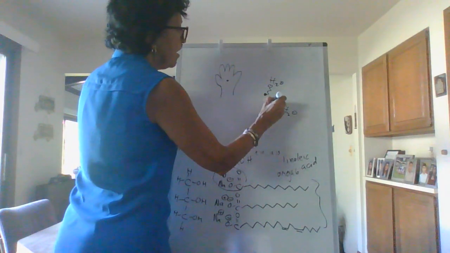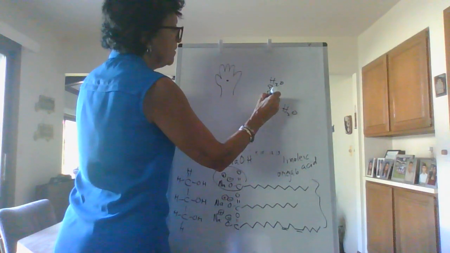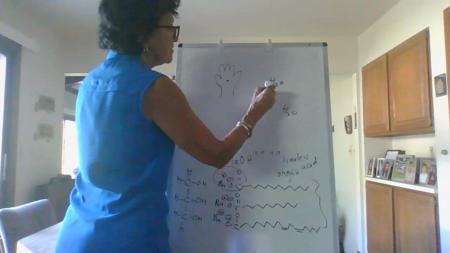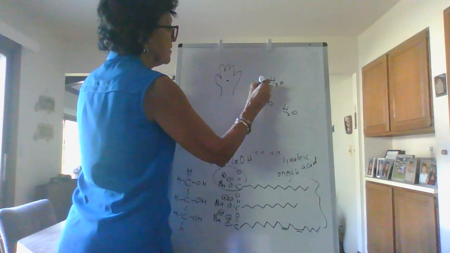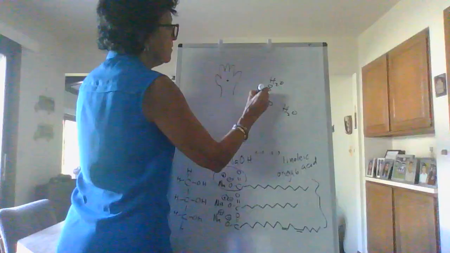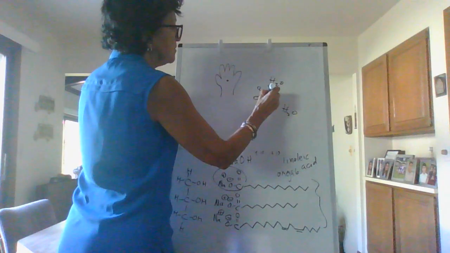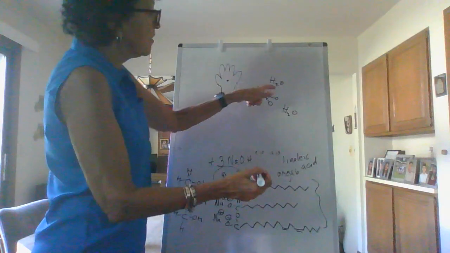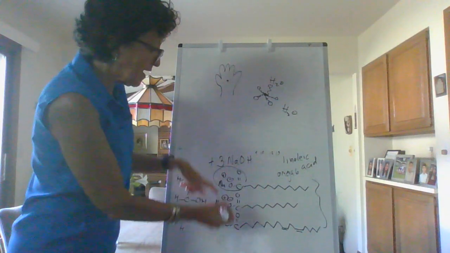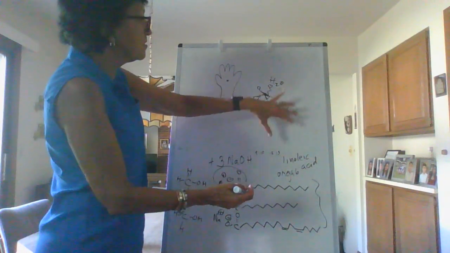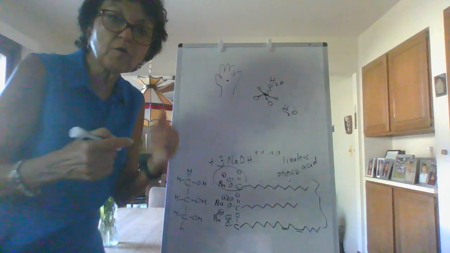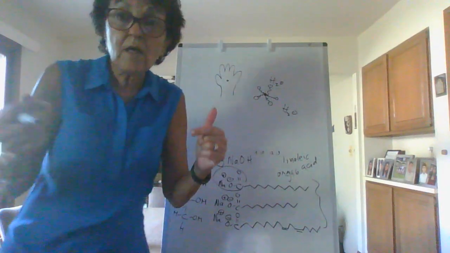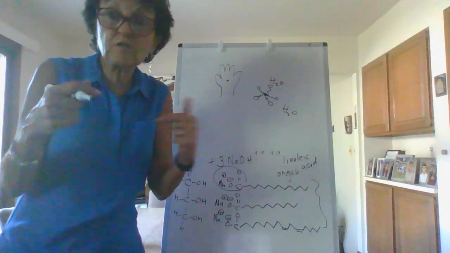So we draw the head towards the water, and then the tails, I know that's just a zigzag line here, pretending here. And so the oil droplet is surrounded by soap molecules where the polar part that has a charge is attracted to the water, and the non-polar part that hates water is attracted to the oil.